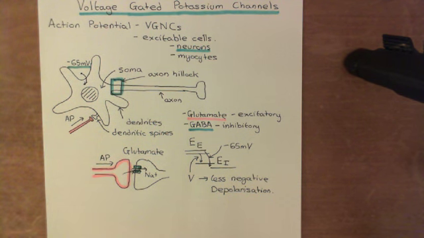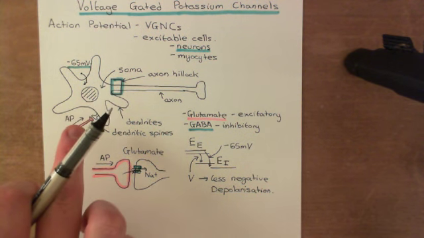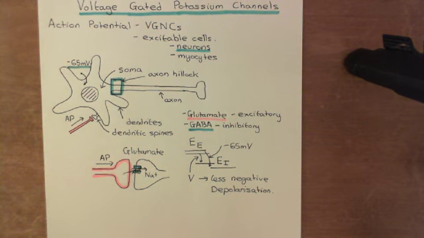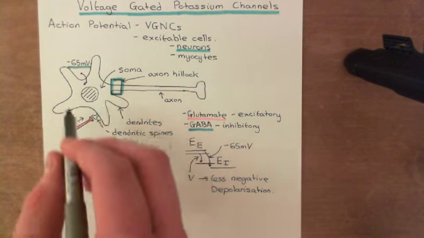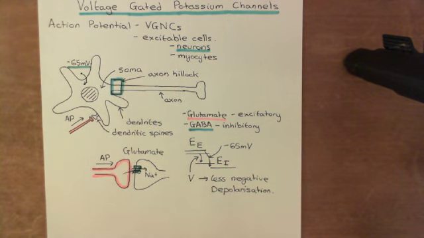Okay, so let's say that suddenly the glutamatergic input to this neuron has become stronger than the GABAergic input. Okay, so the amount of sodium you're letting in now from all these different dendritic spines is going to beat the amount of chloride that you're letting in because of the GABAergic input.